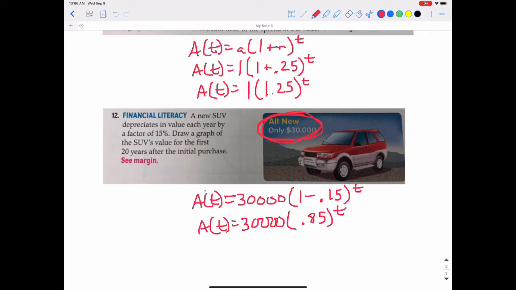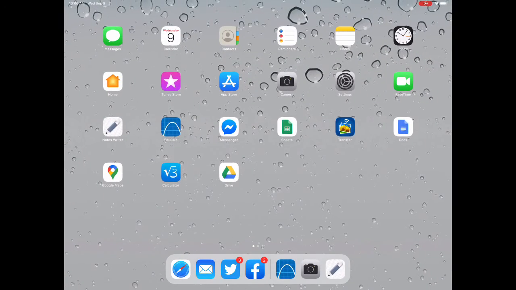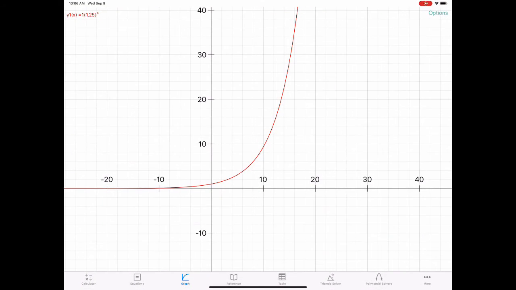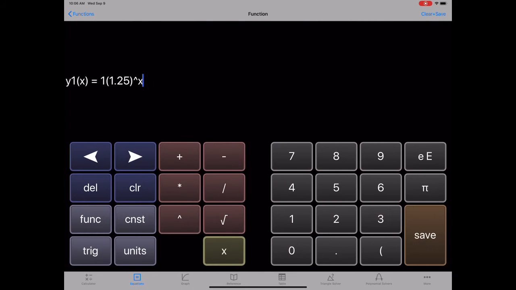Now I would go to Desmos and type that in. So it was 30,000, parentheses, 0.85 to the t or x power. I'll use my caret here.